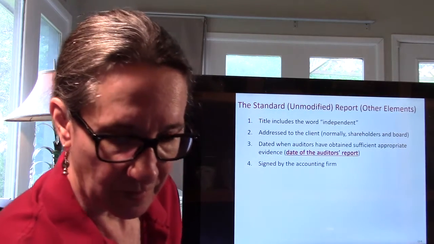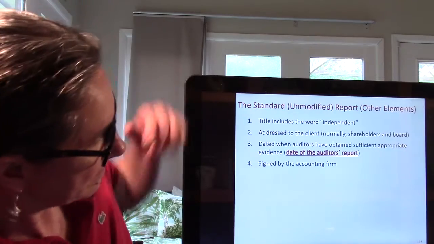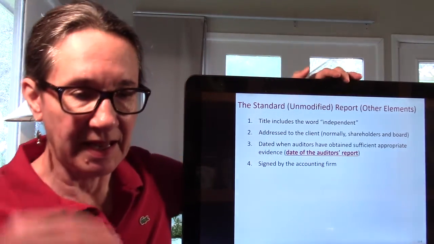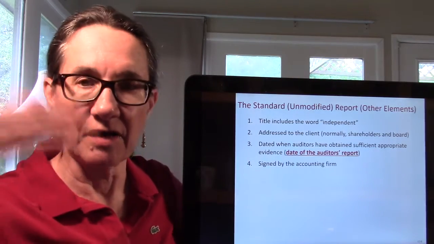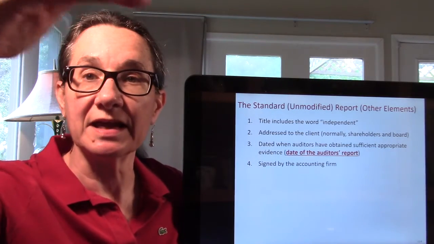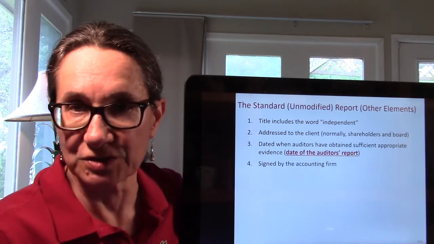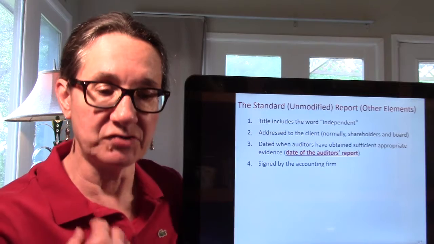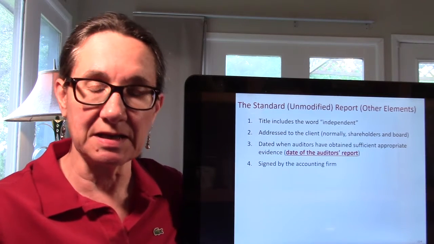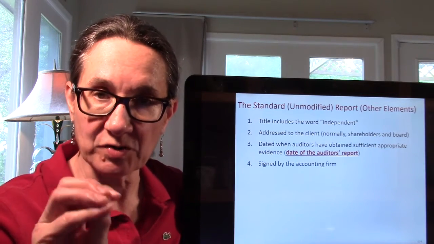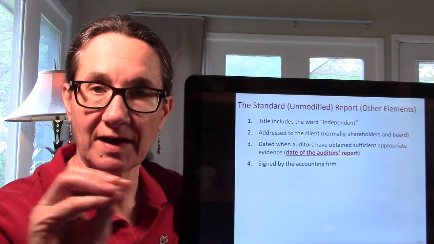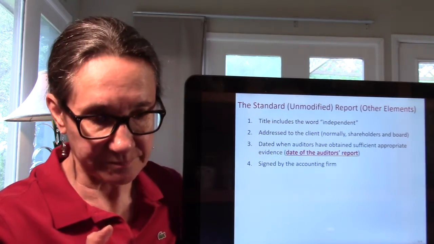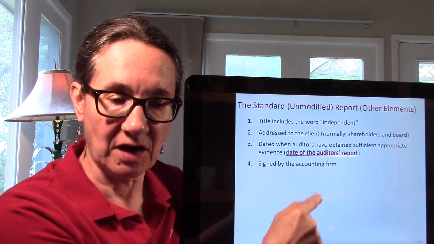All right, so the unmodified report always includes, and you'll see it at the top of the report of the independent auditors, that's like the first line, it's addressed to clients. Normally, the people who've hired you are the shareholders and the board, right? Not the CEO, not the CFO, but the board of directors. It'll be dated as of the auditor's report.